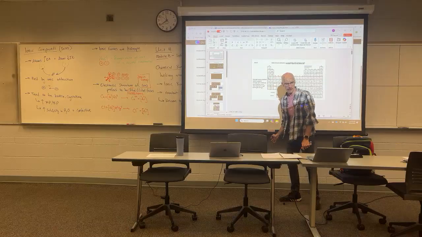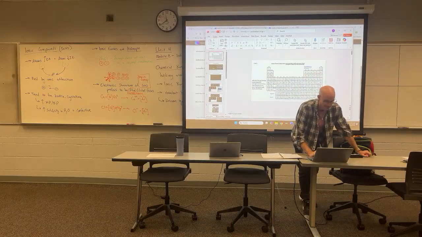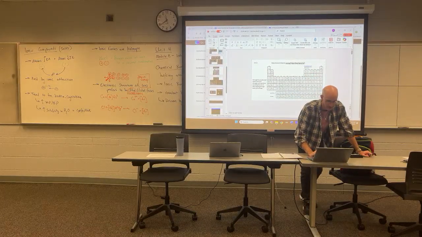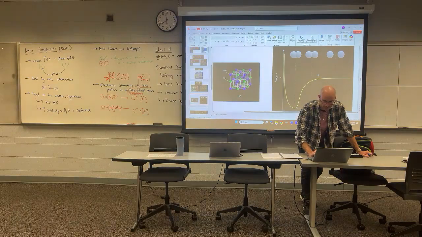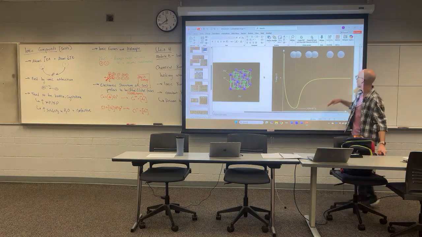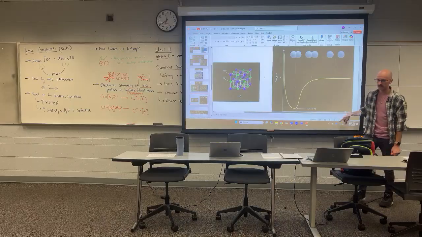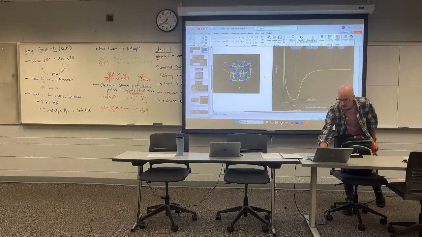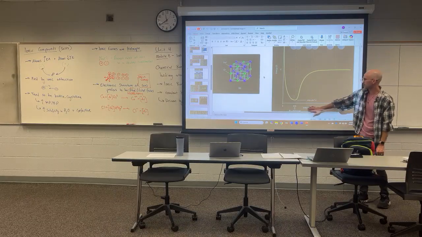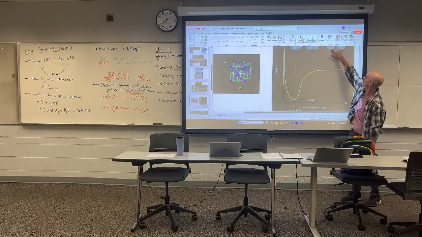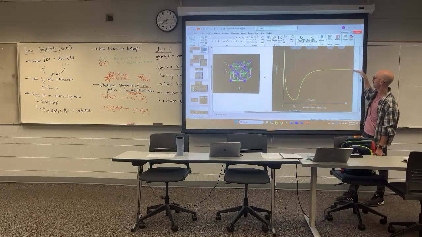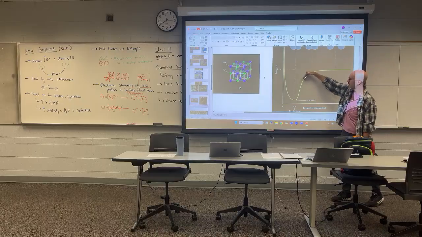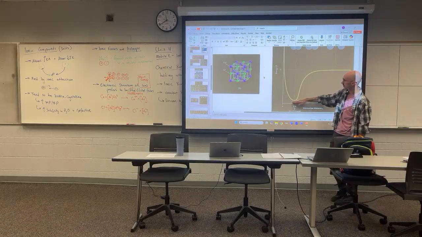Actually, before I put this away, I need the board space. But this is a graphic very similar to what I had drawn on the board earlier. Do you remember? This is distance. Can't see it. This is internuclear distance, but it's basically how far apart those nuclei are in their bonding. As they get closer, they get this intrinsic stability.